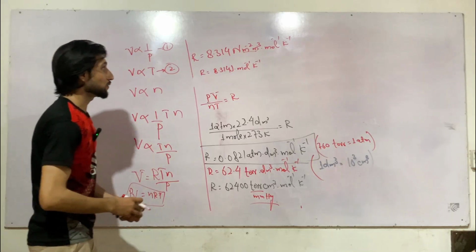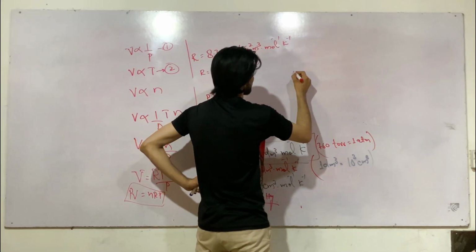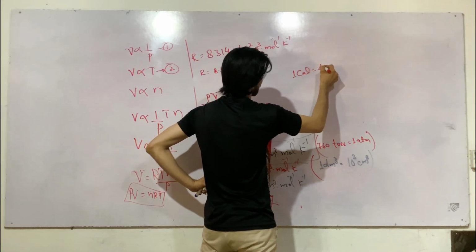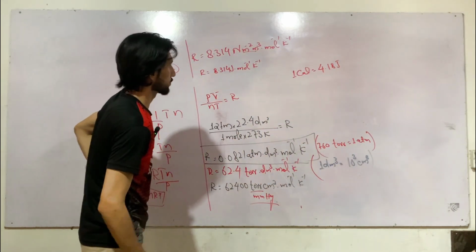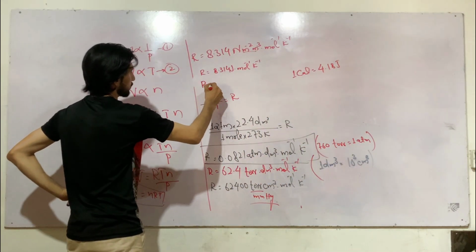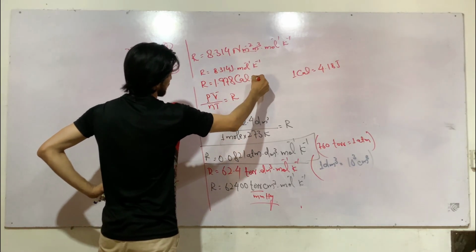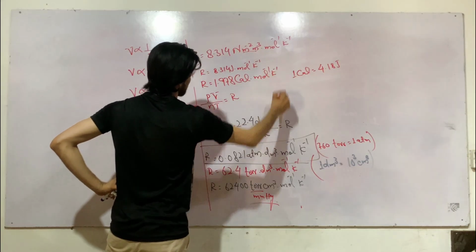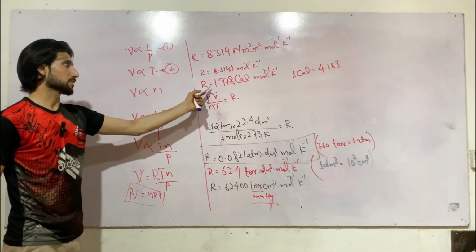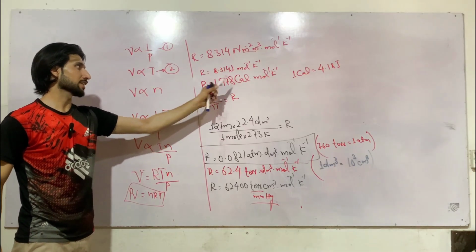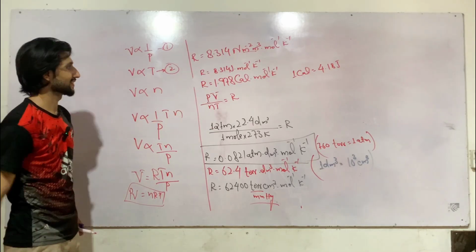We have already discussed in thermodynamics that 1 calorie equals 4.18 joules. If I replace joules with calories, I get R equals 1.978 calories per mole per Kelvin. I hope this is not confusing. For calories, you can remember 8, 1, then 9, 7, 8. One value is decreasing each time, so it is very easy to remember.